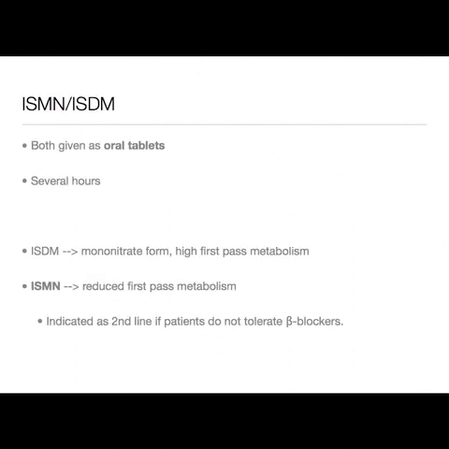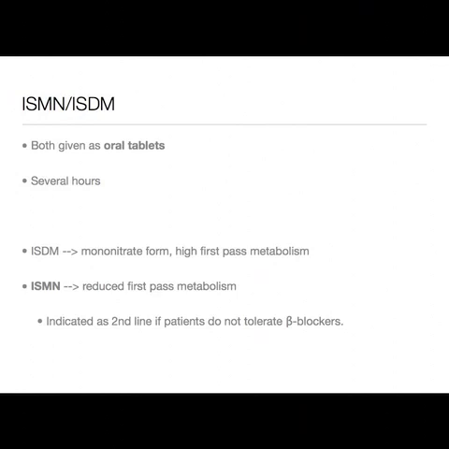Isosorbide mononitrate and dinitrate, on the other hand, are both available as oral tablets and have a longer duration of action. These are typically given to patients with frequent attacks of angina, typically greater than twice per week, that are inadequately controlled by GTN. Isosorbide mononitrate is more commonly used than dinitrate as it undergoes less first-pass metabolism.